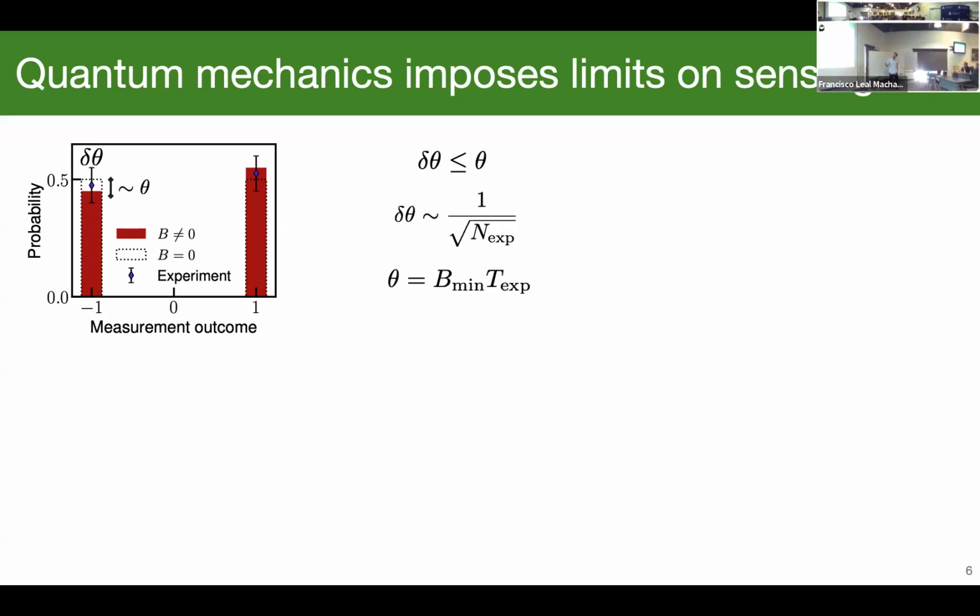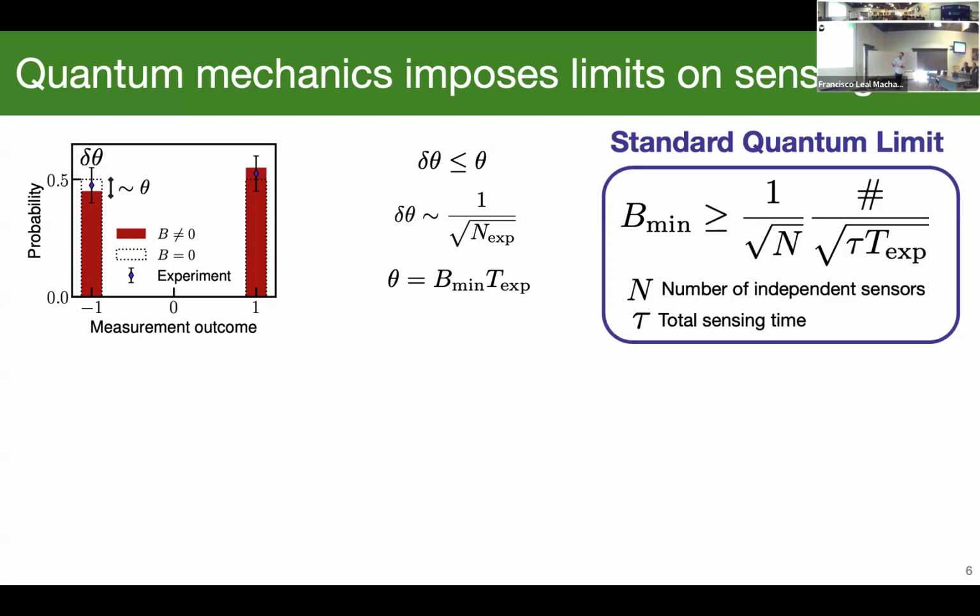It turns out that by classical averaging, we expect that the error in the uncertainty we have in this parameter always goes as 1 over the square root of the number of experiments. This is the classical central limit theorem, whereas the signal strength, as I alluded to, is proportional to field times the experimental time. If we put all these together, the number of experiments combined with the total experiment time that I have, we fundamentally reach the standard quantum limit that Norm already introduced.